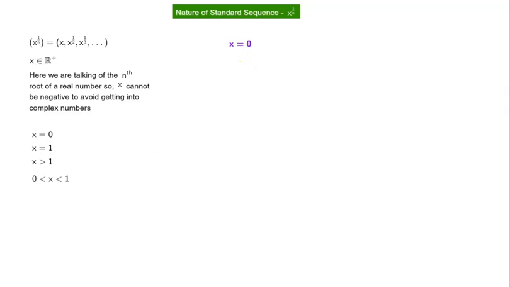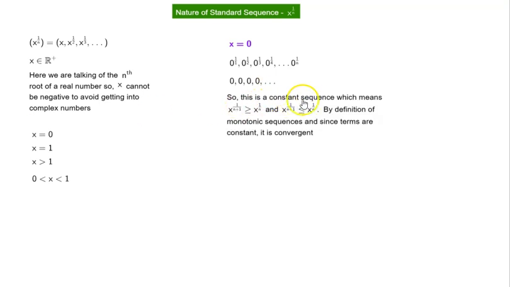x equal to 0. So 0 to the power of 1 by 1, 1 by 2, 1 by 3, and so on. This is nothing but a sequence of zeros. So this is a constant sequence, which means x to the power of 1 by n plus 1 is greater than or equal to x to the power of 1 by n, and x to the power of 1 by n plus 1 is less than or equal to x to the power of 1 by n.